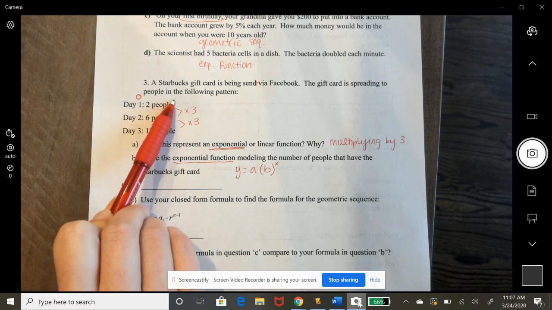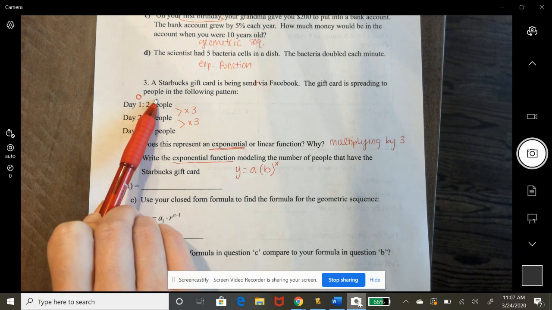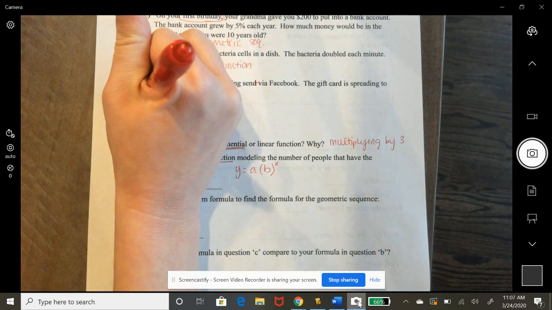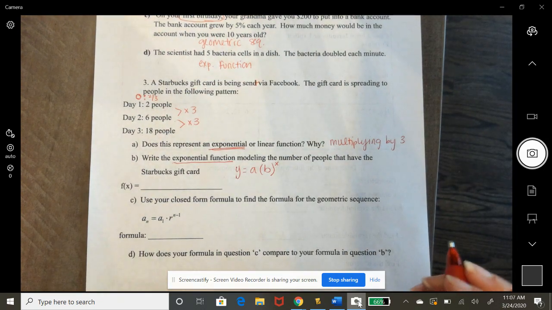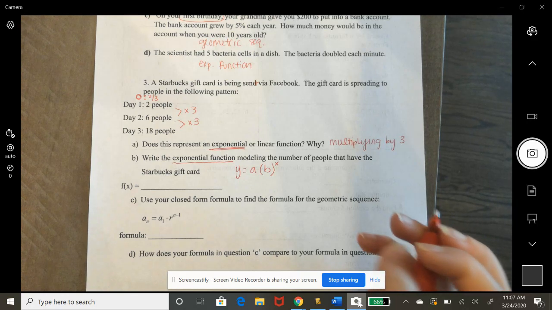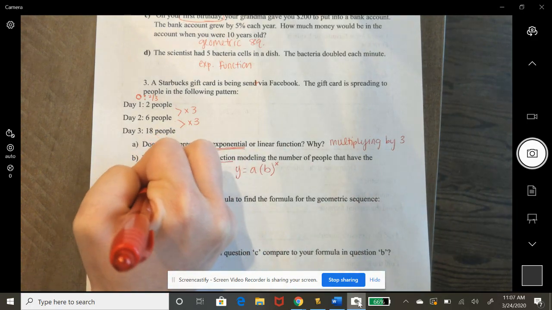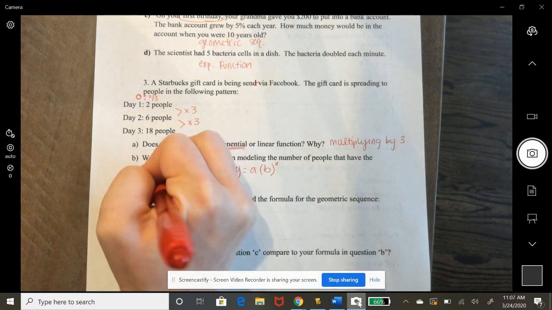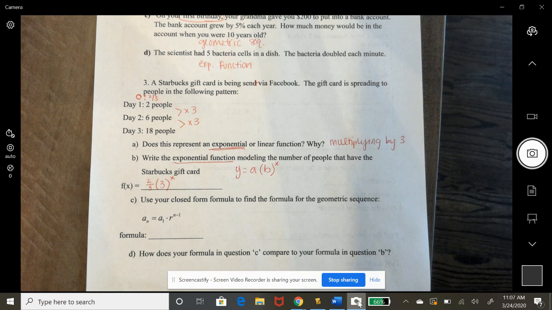To go backwards, I'm going to have to divide by 3. So 2 divided by 3 is not a whole number. Okay, that's going to give me 2/3. Now, it doesn't really make sense in context, but it's just going to give us what the function would look like. Okay, so my A value is 2/3. B is what we're multiplying by, so it's multiplying by 3, okay, raised to the X.